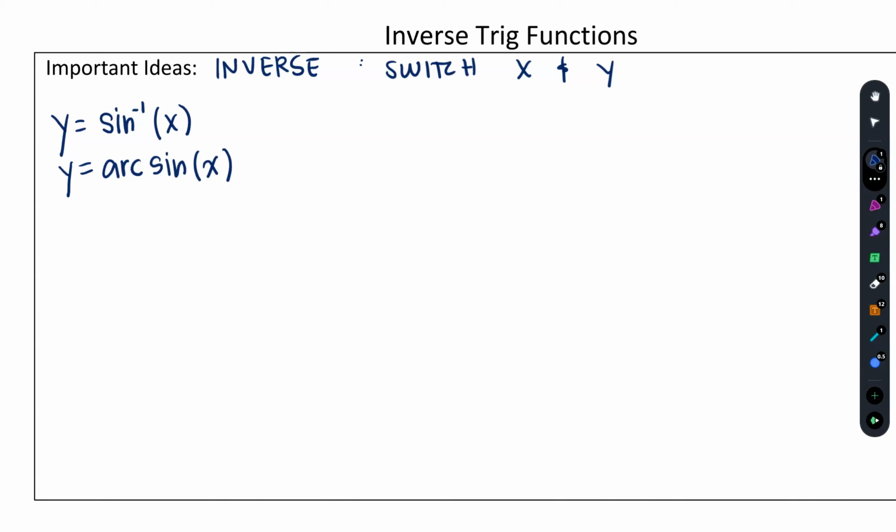So that is just another way you could see that written, okay? So remember, our x value is the ratio, and the y value here is the radian measure, so the angle measure, and we usually always put the output in radians.